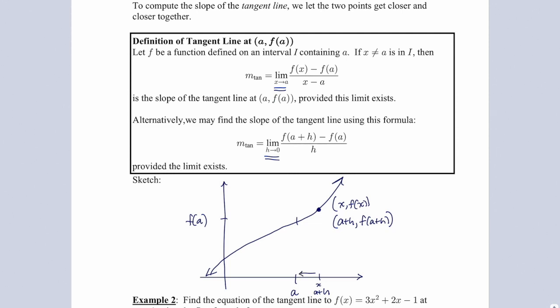moving this direction, and our function value is going to move, well, the point we're looking at is going to move closer and closer to a, f of a. And again, it could be that we're approaching from the other side, and we would still call this point x, f of x, and we would still call this point a plus h, f of a plus h.